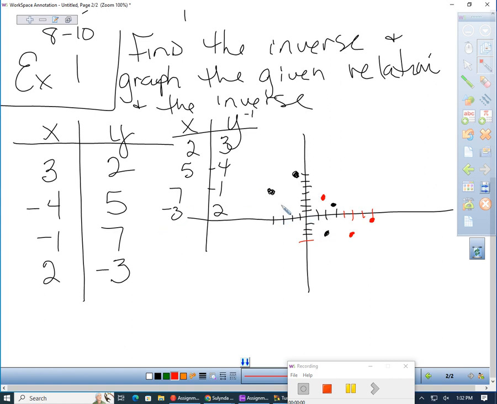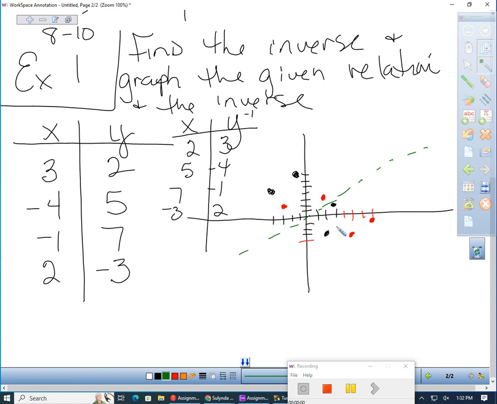My bad, -3, 2. If I had that perfect diagonal line right here, what do you notice about each of those points? They reflect over each one, right? This reflects, those reflect, those reflect, and those reflect. Okay, so that's all you have to do for the first couple. Is flip the numbers and plot both.